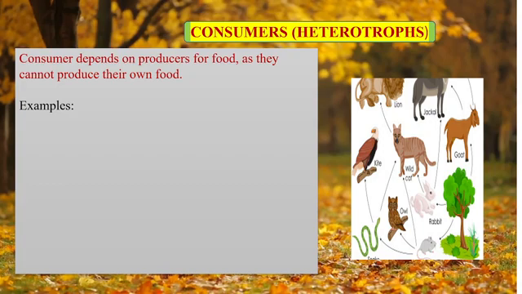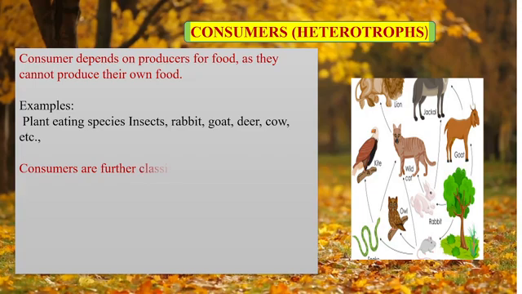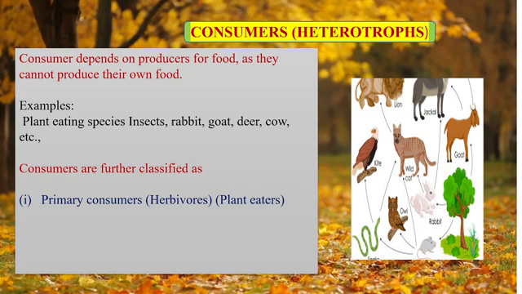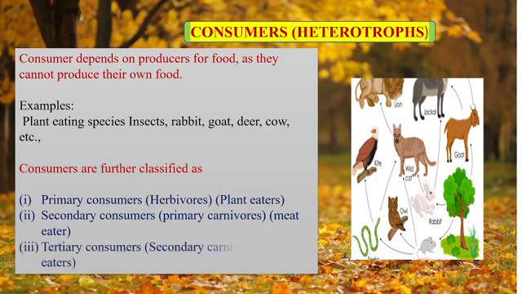For example, plant-eating species, insects, rabbits and goat, deer, cow, etc. The consumers are further classified as primary consumers, that is herbivores, plant eaters, and the second one, secondary consumers, that is primary carnivores, meat eaters, and the third one, tertiary consumers, that is secondary carnivores, also meat eaters.